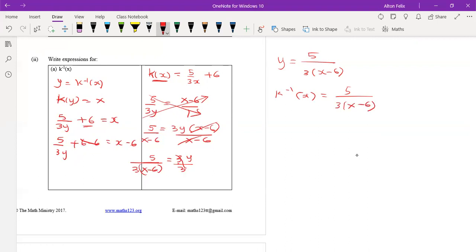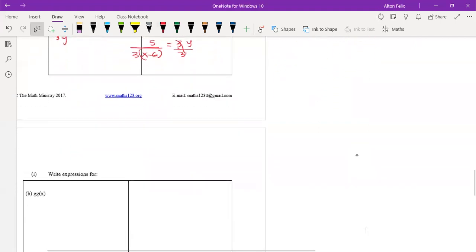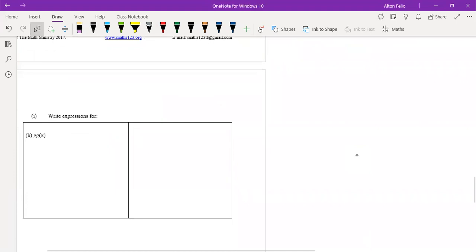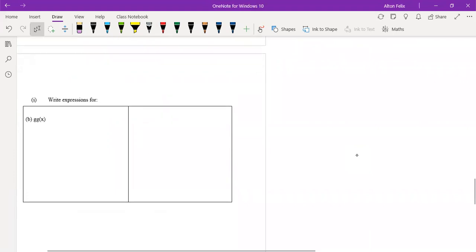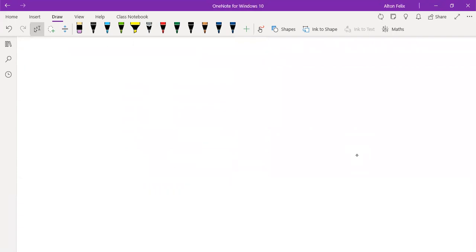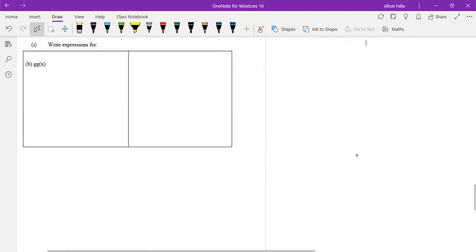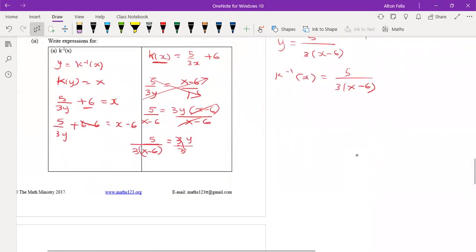That's very interesting. Okay, let's look at the next sum below. We need to find g of g of x. Let's see if there's any more after that. And that's it. Let's recall what our g function is.